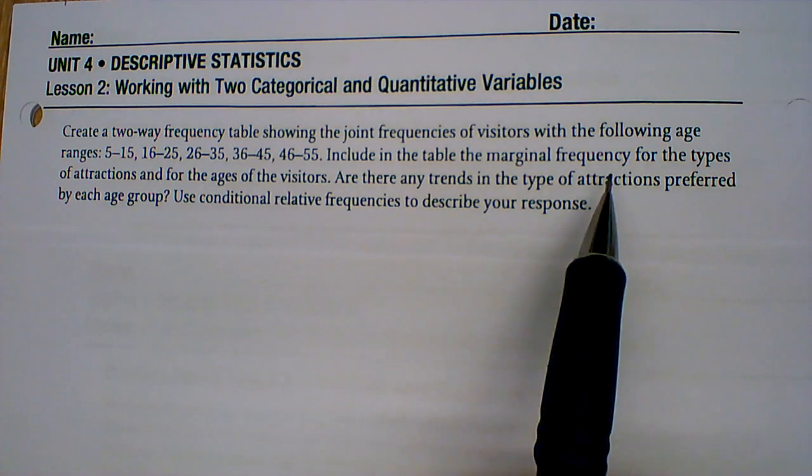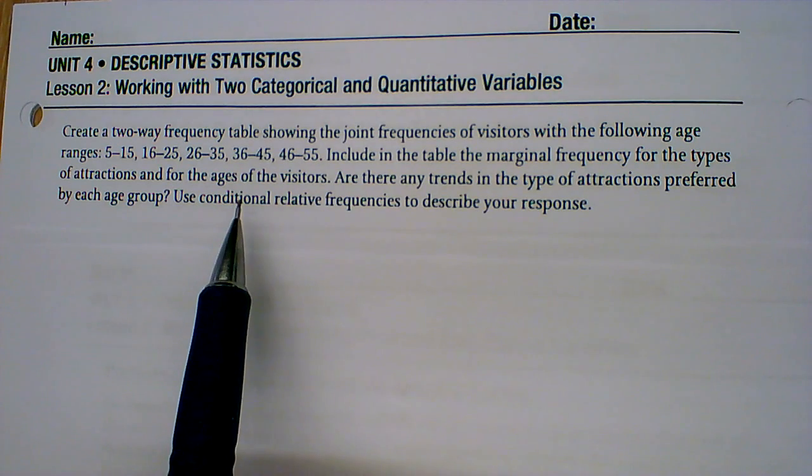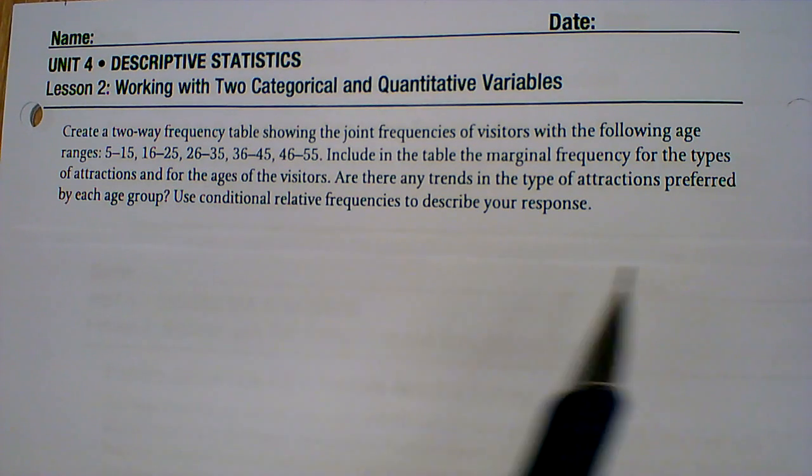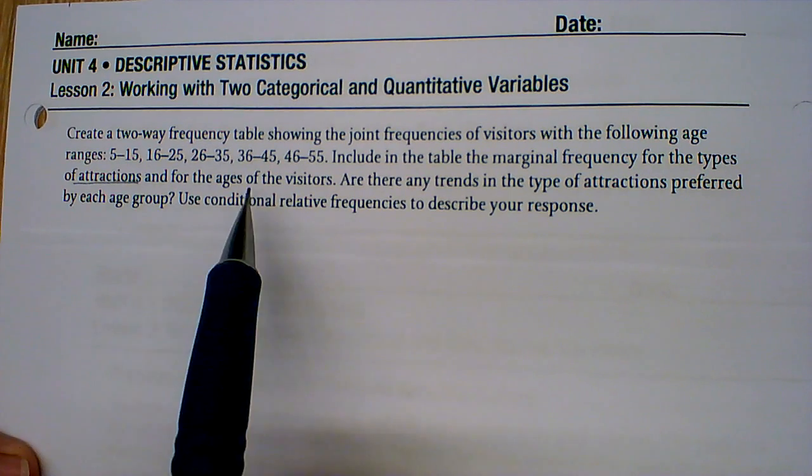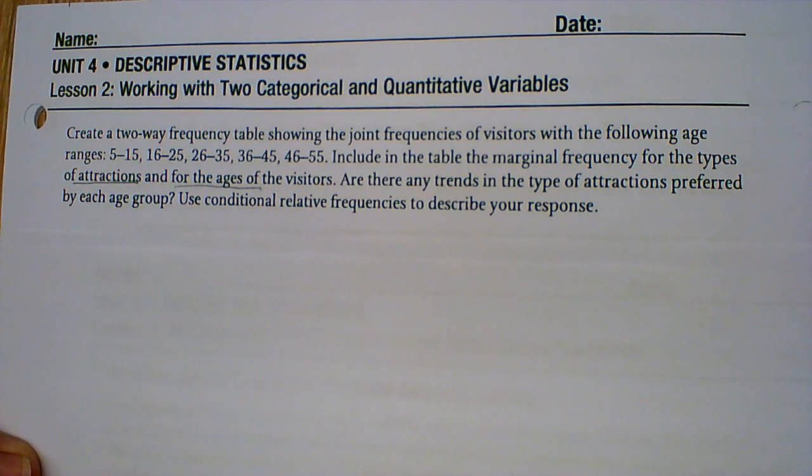Include in the table the marginal frequencies for the types of attractions and for the ages of the visitors. So we're going to total the types of attractions and we're going to total the ages. Are there any trends in the types of attractions preferred by each age group? Use conditional relative frequencies to describe your response.